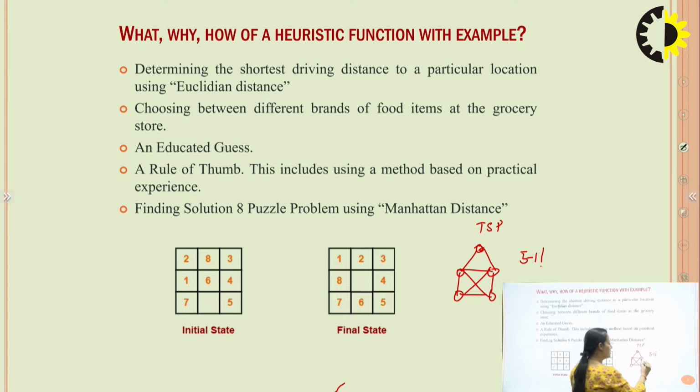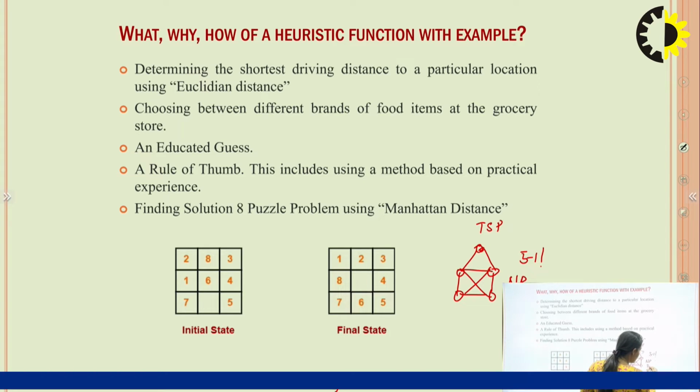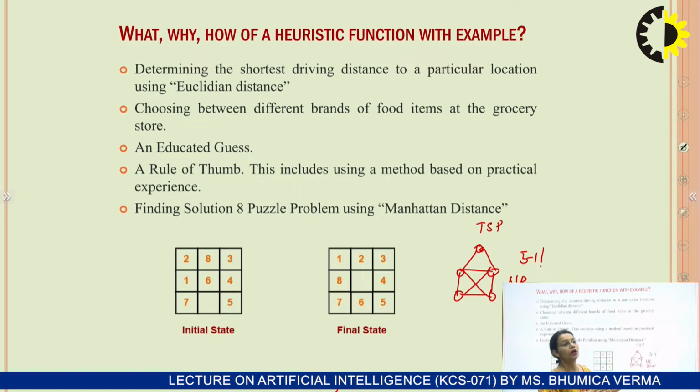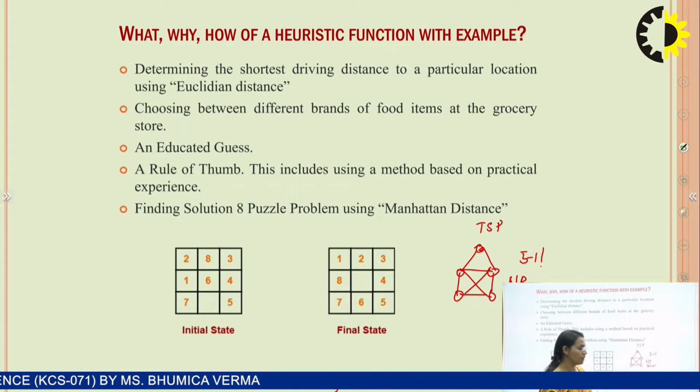In that case, this problem can be solved only in NP time, that means non-polynomial time. Solving a problem in non-polynomial time is more complex. So I want to decompose my problem and solve it in polynomial time, so that my time is reserved and I can reduce the amount of effort.